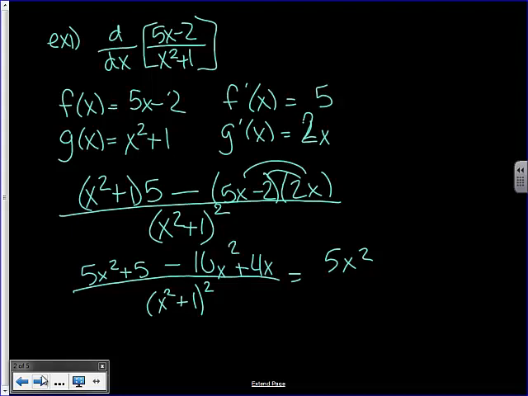Yes, sorry, my mistake. So negative 10x squared and 5x squared is negative 5x squared. 4x stays the same, so positive 4x and positive 5. Again, this is all still over x squared plus 1 squared. You don't necessarily want to FOIL that out.